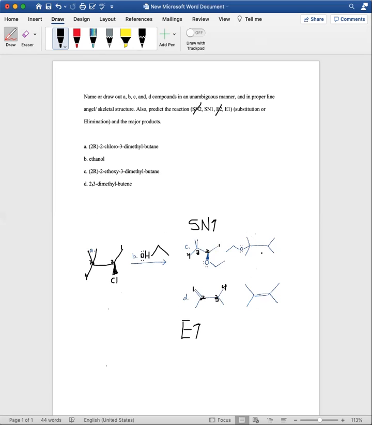So when you have an SN1 or E1 reaction, it is possible to have more than one product. So for SN1, the priority is due to carbocation intermediate stability. So we look at which one is tertiary, secondary, or primary.